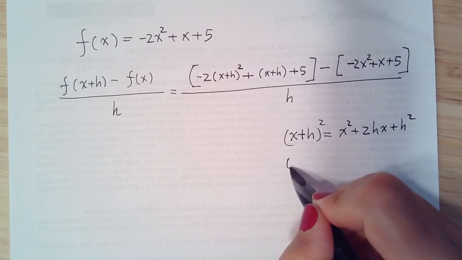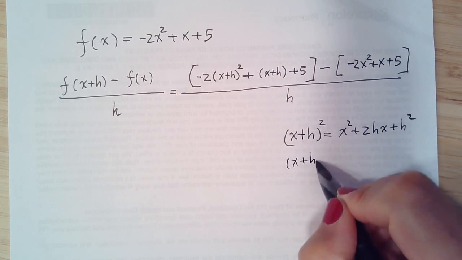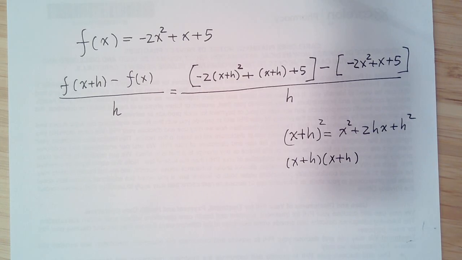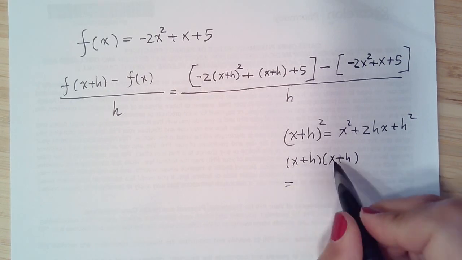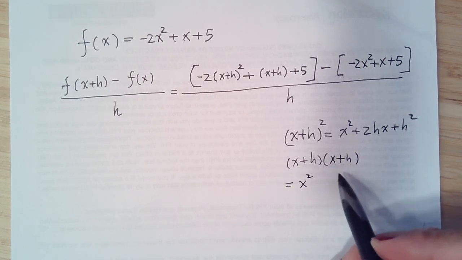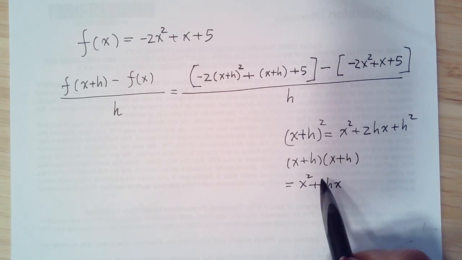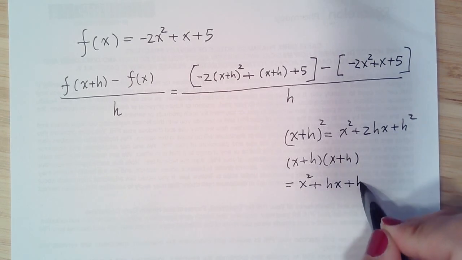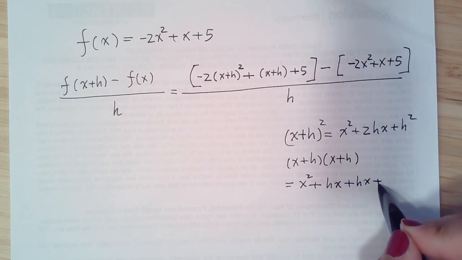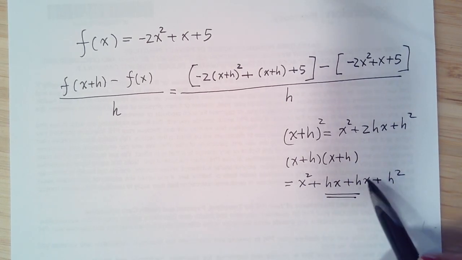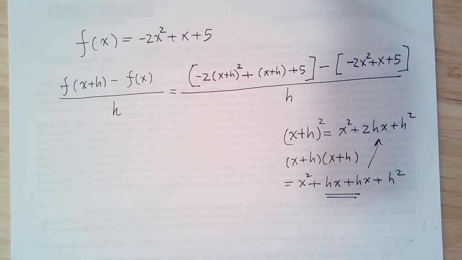Or if you use the FOIL method, x plus h times x plus h: first times first, outer times outer, inner times inner, last times last. So that's x squared, then h times x, another h times x, and the last term is h squared. If you combine the like terms, you get this part. So that should be the same thing.